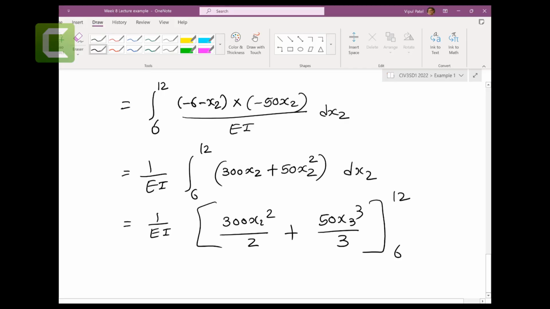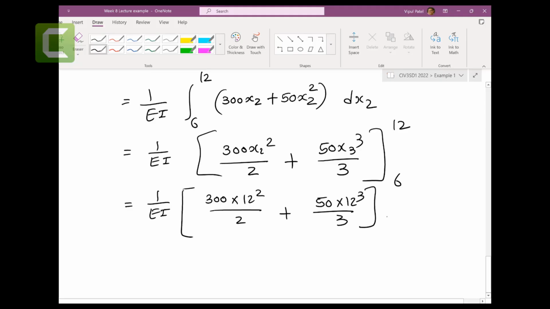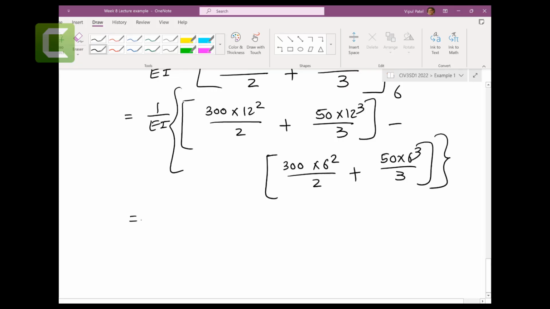So 1 over EI, 300 times 12 square on 2 plus 50 times 12 cubed on 3, minus 300 times 6 square on 2 plus 50 times 6 cubed on 3. Right, so 1 over EI.